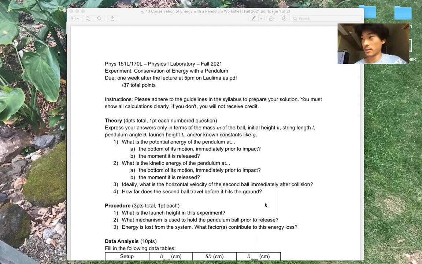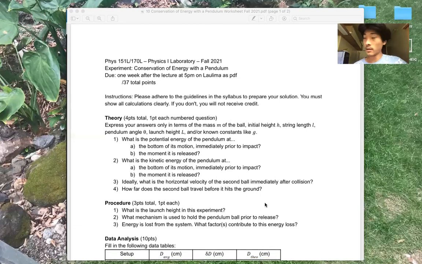So this is the phenomenon that you're trying to investigate, whether or not this is true. And you're doing this using a pendulum and its collision with another ball. You're looking at how far the second ball travels and using that to determine whether or not energy was conserved before and after the collision.